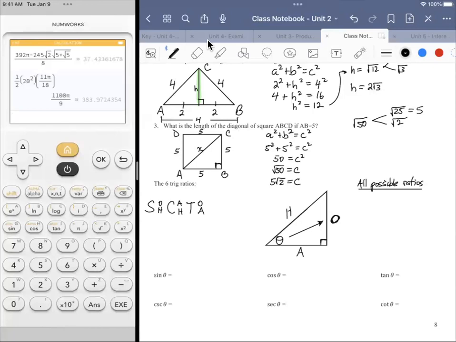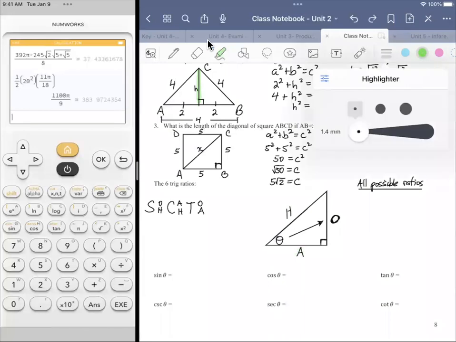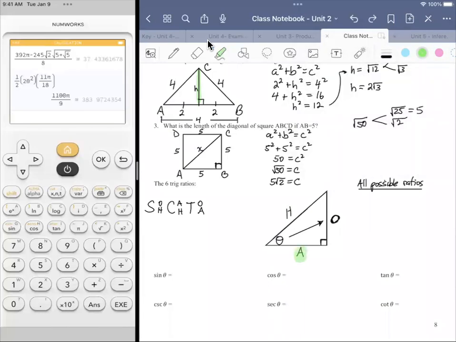I want to do that for all possible cases, right? So if I start off from the perspective of A, for example, I can create ratios involving A. I can take the A and divide it by the H. I can take the A and divide it by the O.